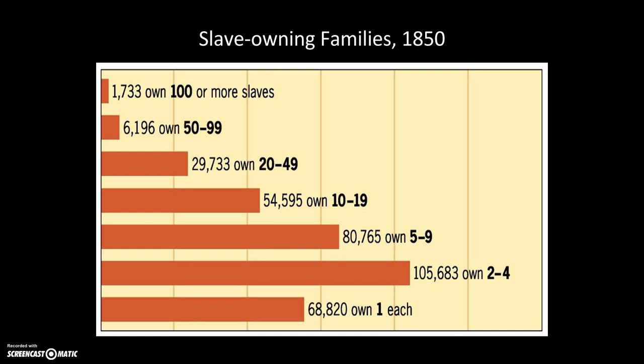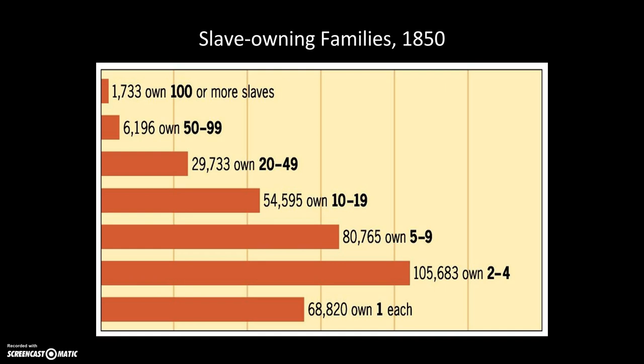So you can see here that with the slave-owning families, it's not the big, massive people who own 100 or more slaves. You can see there aren't very many. And that top of the graph here, those 1,733 owners who own 100 slaves or more, that's going to be the planter elite that we're talking about.